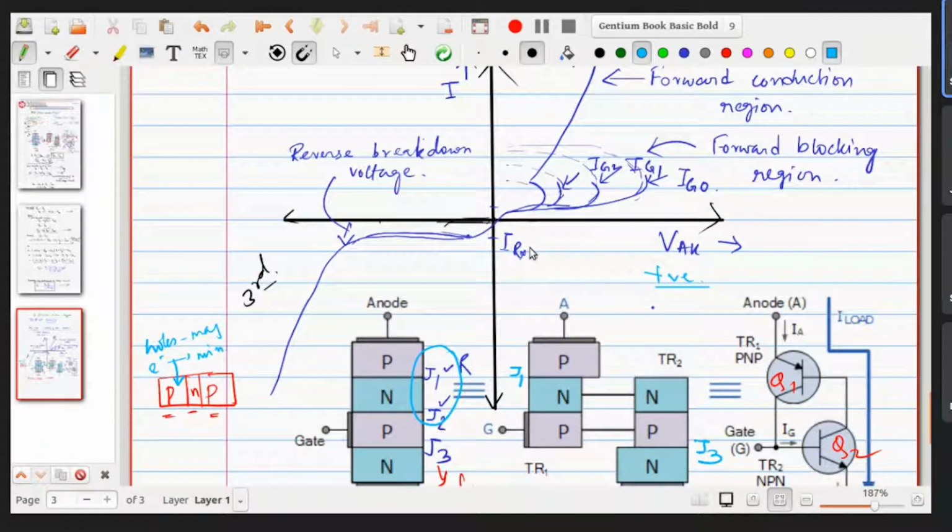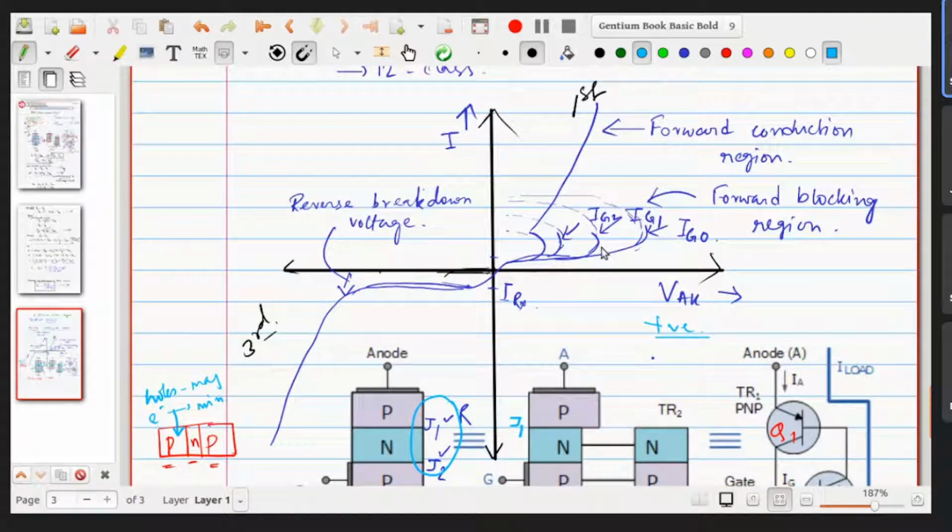So this is the particular point. The small leakage current will be produced at that point. This is the point of this IRX, that there is a small leakage current that is slowly setting in, with a typical value of the order of something like 100 microamperes.